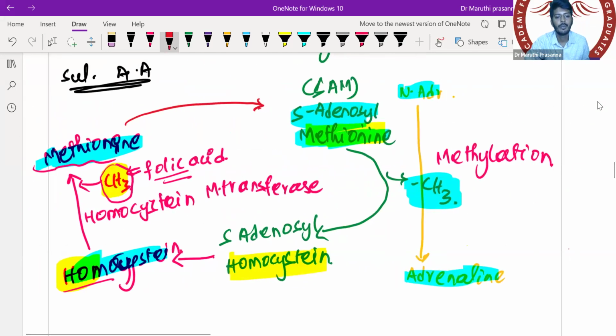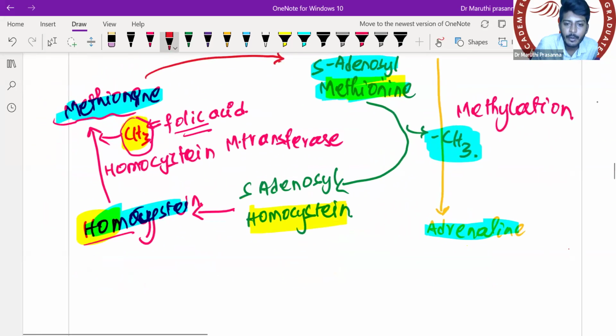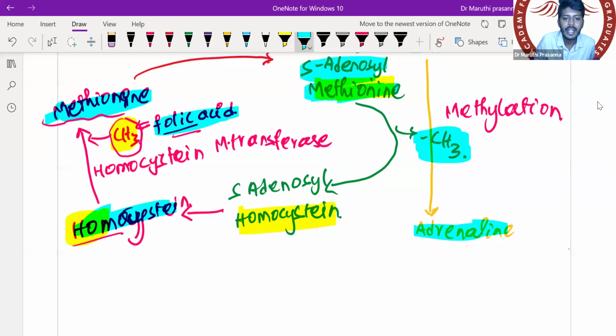Now if folic acid is not there, will homocysteine get converted into methionine automatically? No. So homocysteine level will rise. If folic acid is not there, no methyl group. If no methyl group, homocysteine will not get converted into methionine.